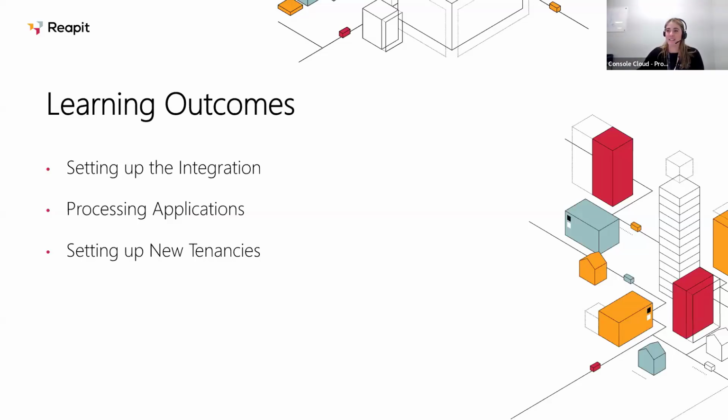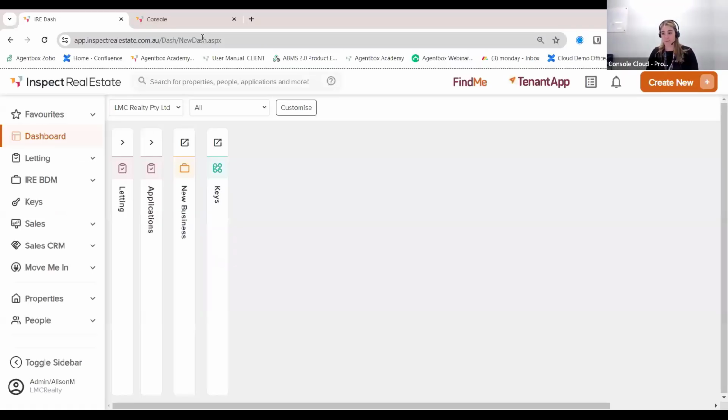Okay, so let's get into our integration piece. For those of you who haven't looked at the Console and Inspect Real Estate integration, the integration is designed to make that application to new tenancy workflow a bit easier, a bit less full of data entry, and a little bit less of an administrative task.